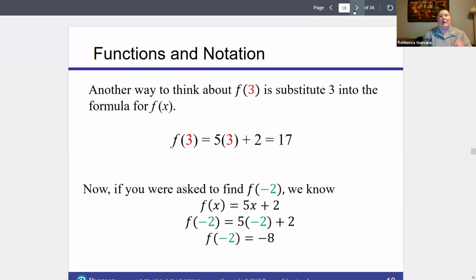So another way to think about f of x is we are going to substitute 3 into a formula for f of x. We had already said that f of x was going to be 5x plus 2. So if I want to find f of 3 instead, that means my x here got replaced with a 3, so the x here also gets replaced by a 3.